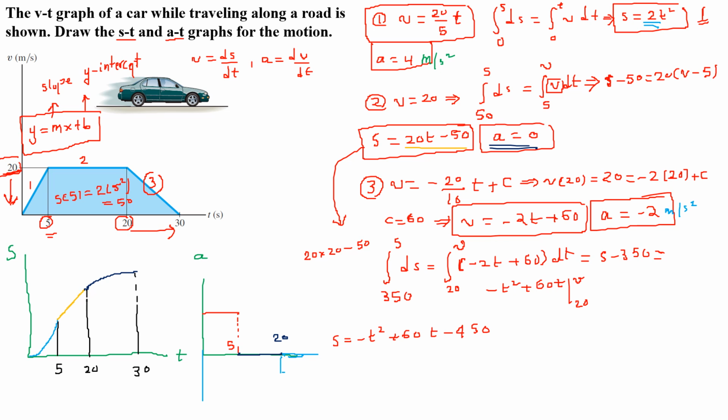I got negative, and that is the time interval of 30 seconds. Okay, so here is 4, and here is negative 2.